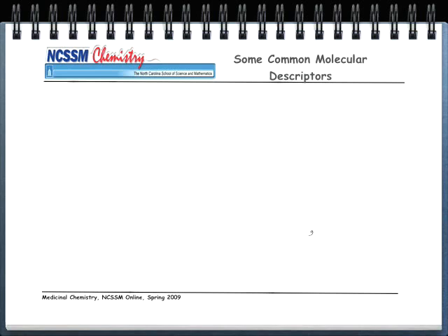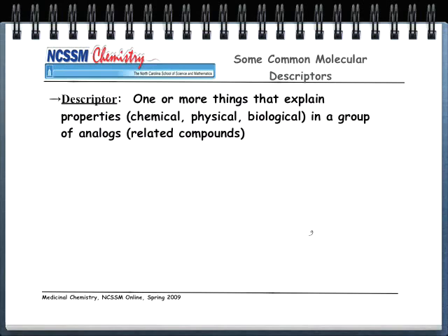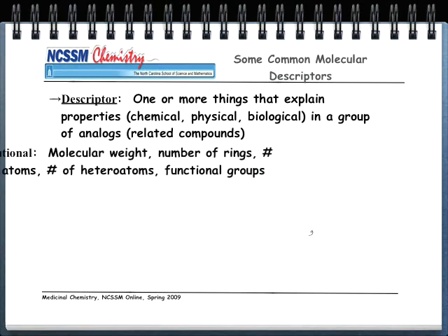We're trying to predict a biological activity, such as a drug's ability to cure some particular disease. And again, most of this is done using computational chemistry, so there are a variety of descriptors that we can choose, and a descriptor is defined as one or more things that explain some property in a group of analogs or related compounds. Okay, so that's basically what a descriptor is.